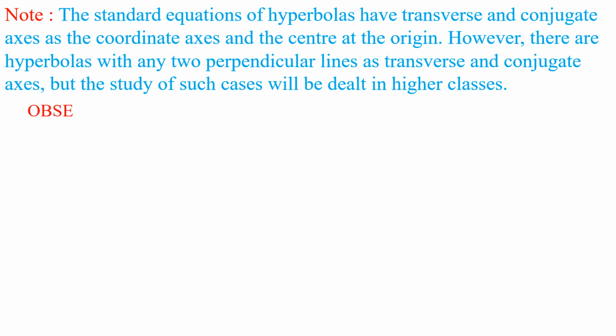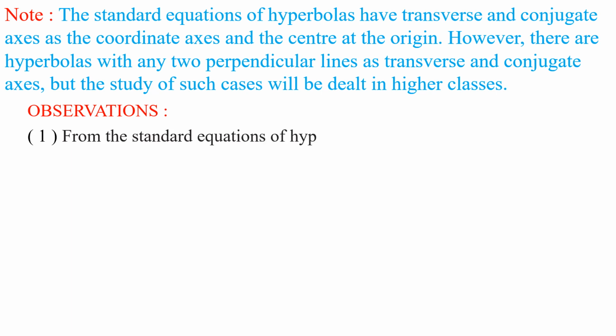Right. Now come to observations. By observing the standard equations of hyperbola, we notice these two points. See the first point, from the standard equation of hyperbola, see the figure 11.29.